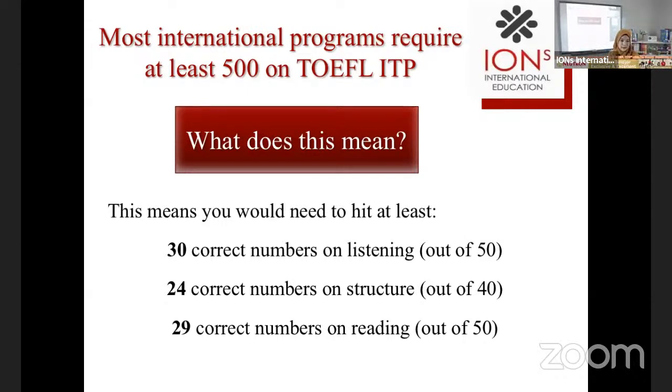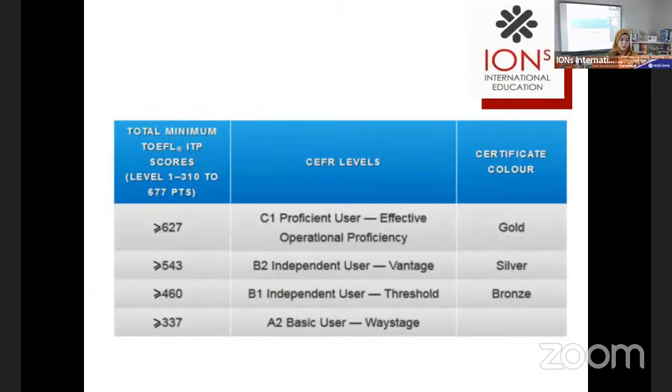Okay, and then this one is alright. Later, you will get the score, the TOEFL ITP score, and if it is converted into the CEFR levels, this is the level that is considered the standardized level of English skills, English proficiency.